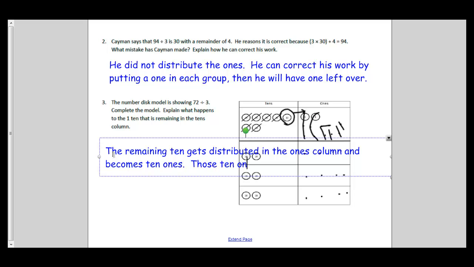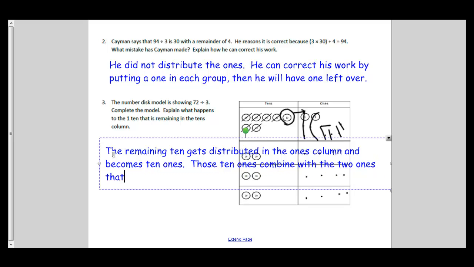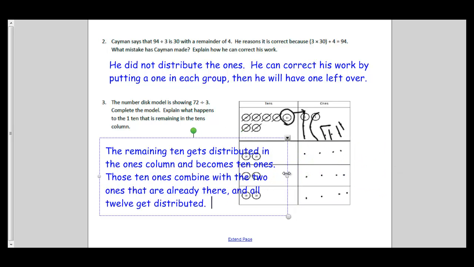Those 10 ones combine with the 2 ones that are already there, and all 12 get distributed. Okay, let me fix this so it's not all over my model.